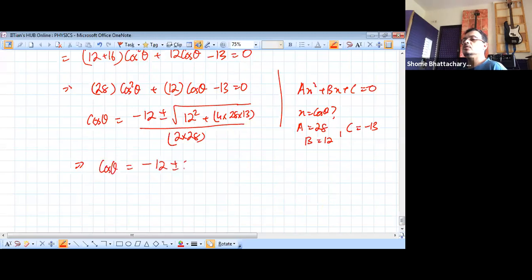Now you can take 2 common from this. No, c is negative now. It's b square minus 4ac, so here c is negative.